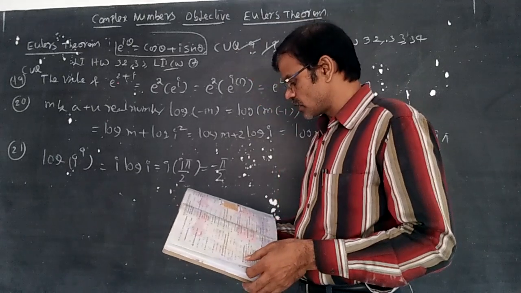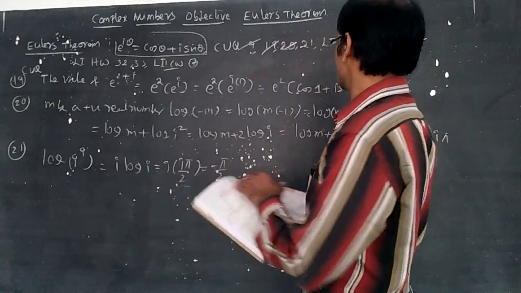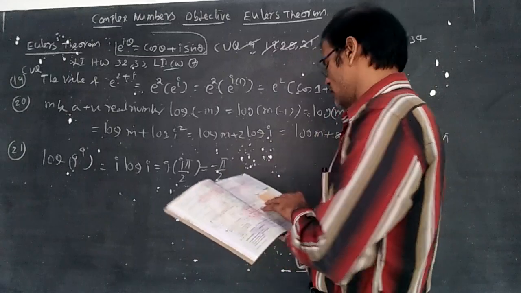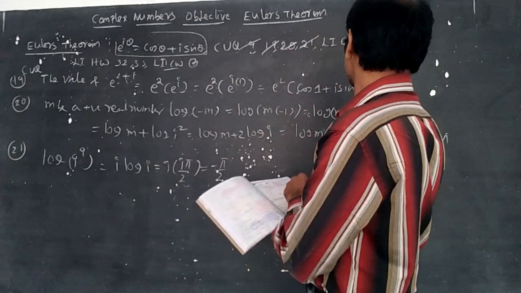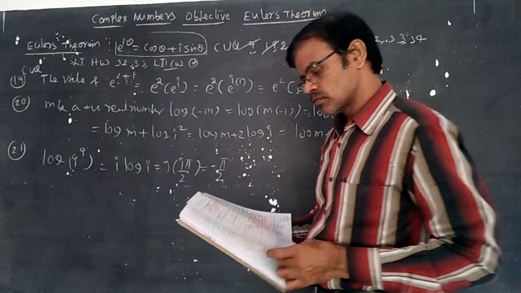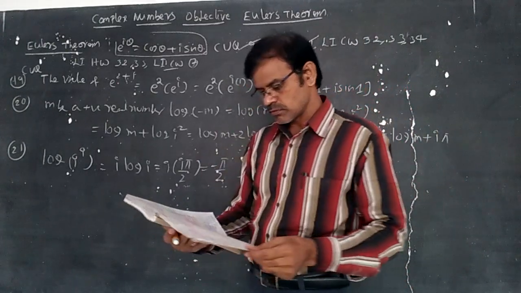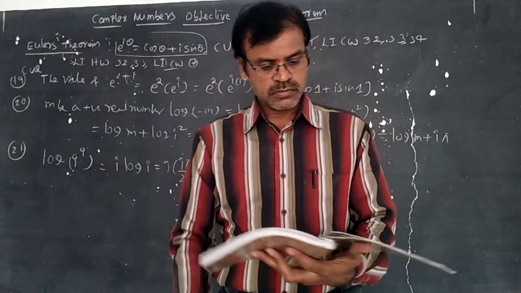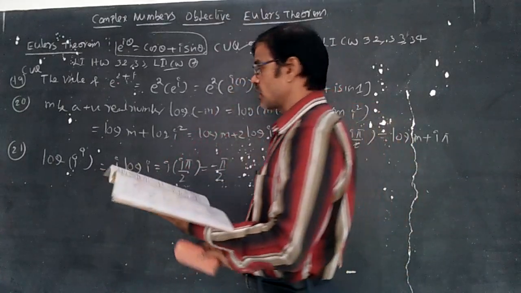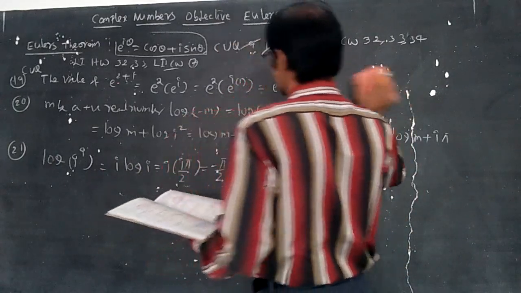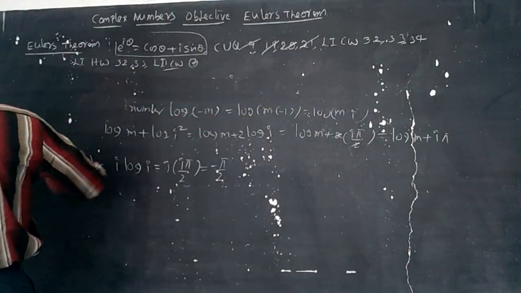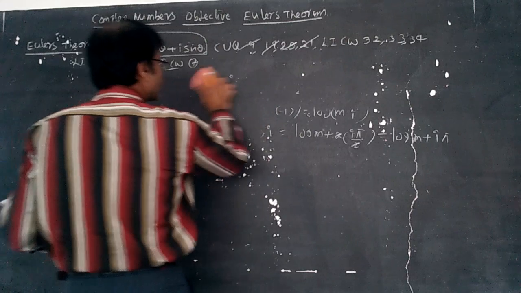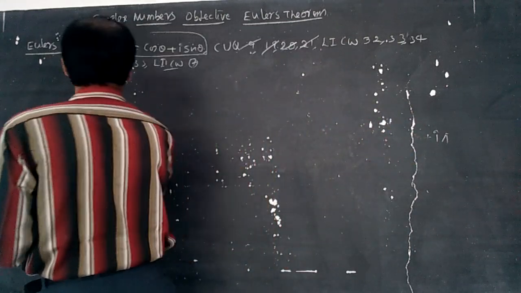Now depending upon Euler's theorem, let us discuss level 1 classwork 32, 33, 34. 32 question: log i, it is a most important question. The mod m form is also given, and log 31 also.